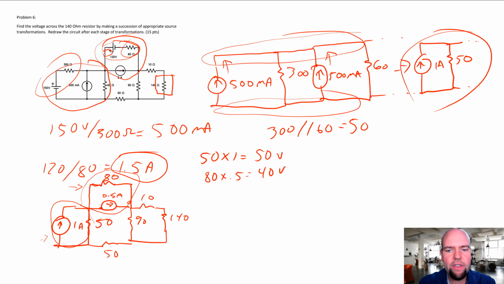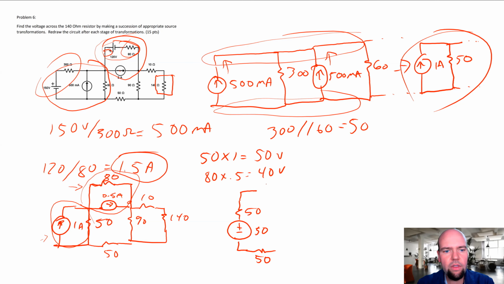So we can redraw this thing now. 50, and then we have a voltage supply in series with the resistor. So the current was pointing up, so it's going to be positive oriented on the top there. And that one was a 50 volt supply, and the resistor is still a 50 ohm resistor.